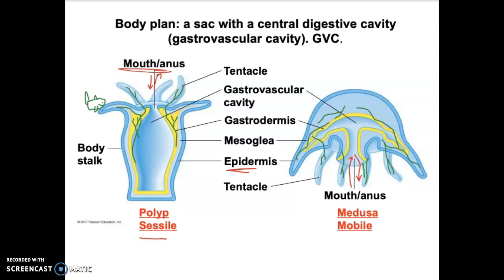So very, very basic neural tissue here. True tissue. This is why these guys go in eumetazoa and they're not sitting over there in parazoa, because they have the true tissues.